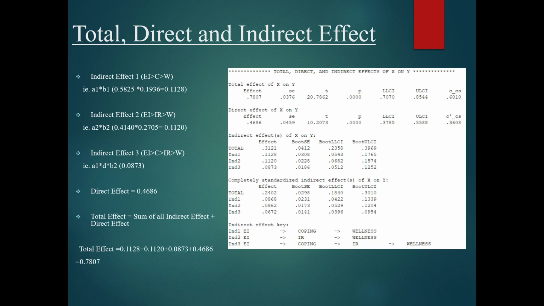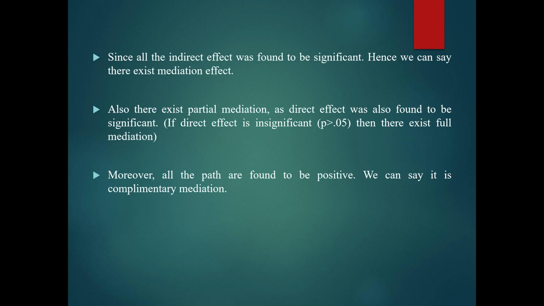And we can check the direct effect and indirect effect of the serial mediation effect. Now in our case, since all the indirect effects were found to be significant, we can say that there exists a mediation effect. Also there exists a partial mediation, as in our case the direct effect was also found to be significant. What happens if the direct effect is insignificant, say the p-value is greater than 0.05?